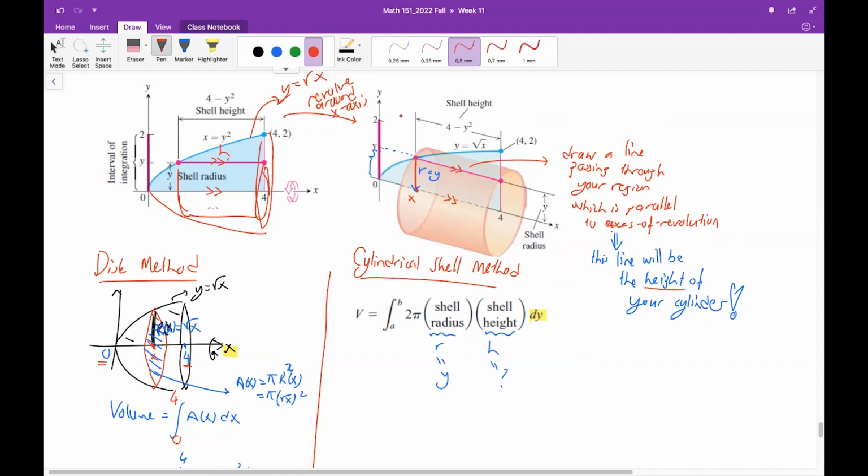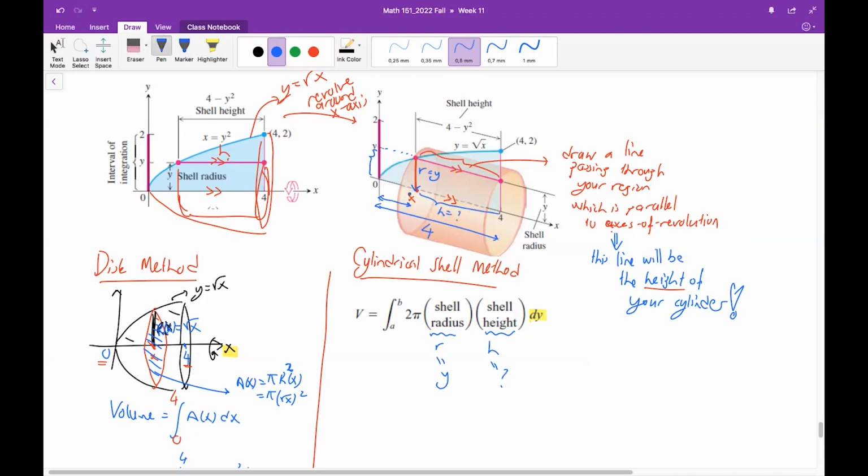Height is this length. You see this length. So to find the height, what I need to do is, from here to here, this is something fixed, it is 4. And from here to here, I name this point as x, but if I take the difference from 4, then this part, I will find the height. This part is my height. What is it in terms of y?